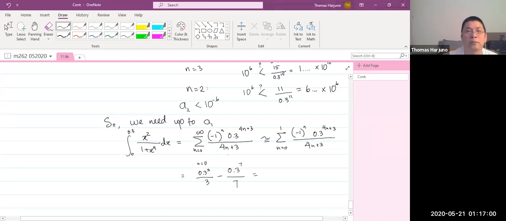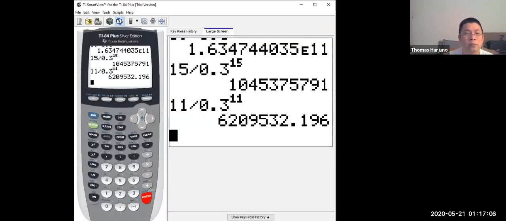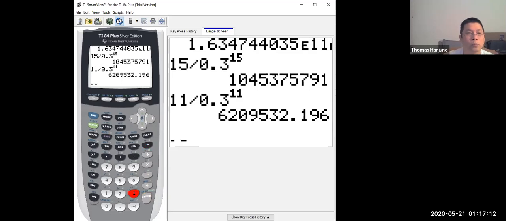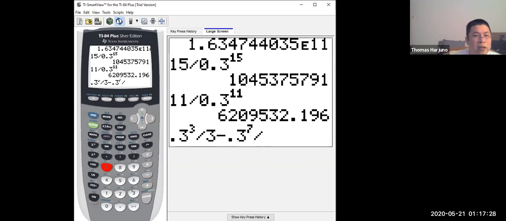Let's see. Using my calculator, 0.3 cubed over 3 minus 0.3 to the 7 divided by 7.